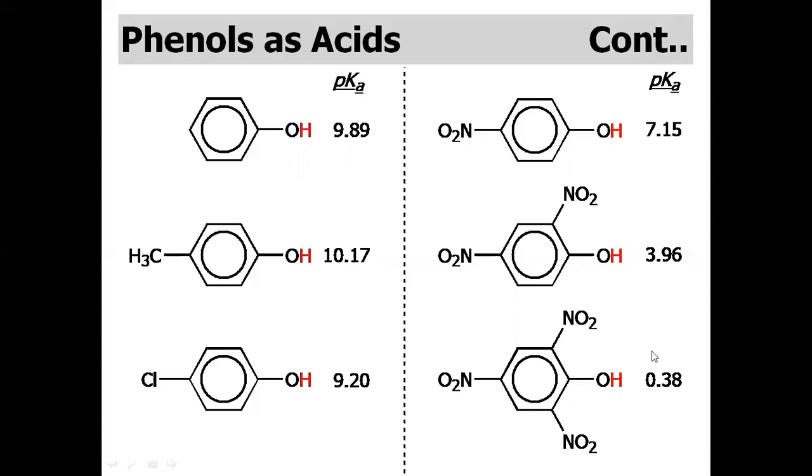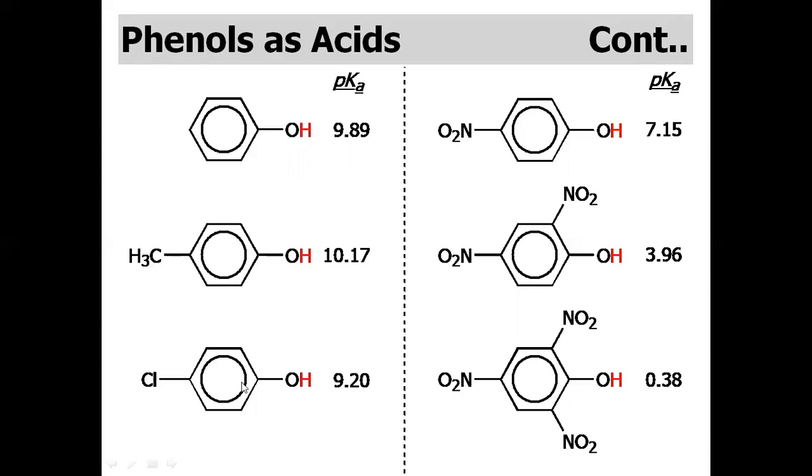Why is it so? It is because when we have an electron withdrawing group attached to the phenolic ring, it stabilizes the ring and increases the acidic character. Here you see that when the ring is attached with an electron donating group, its pKa value is increasing.